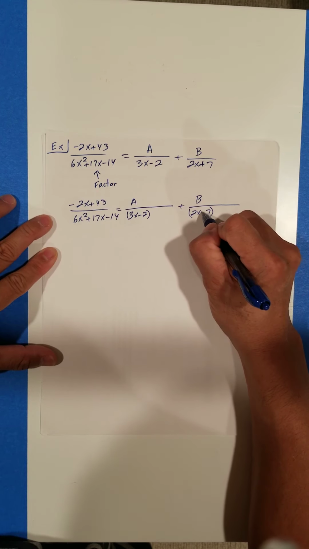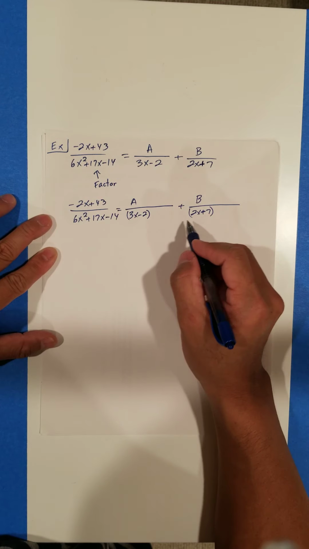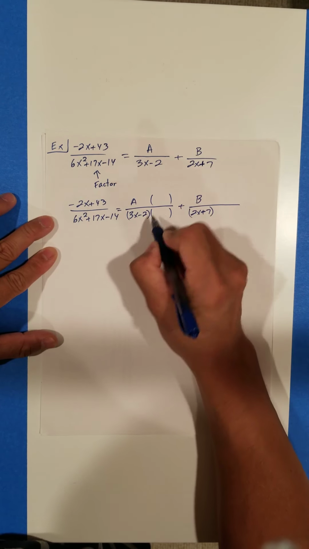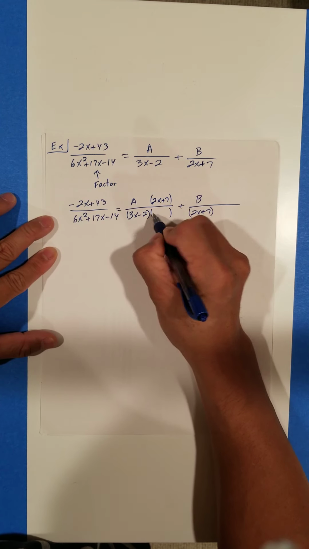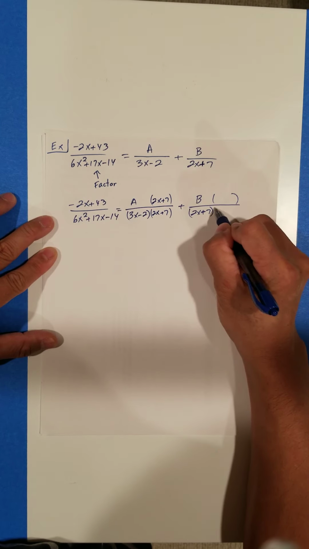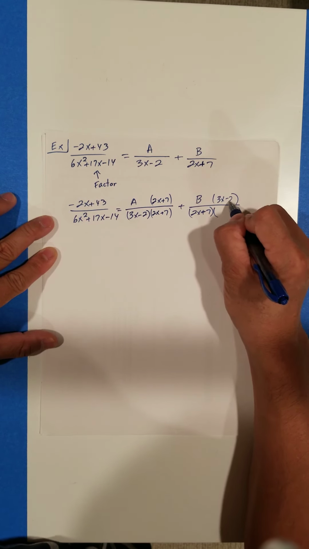Looking at these two denominators, if you wanted to make them the same, you would have to multiply the first fraction by 2x plus 7, top and bottom. And you would have to multiply the second fraction, top and bottom, by 3x minus 2.